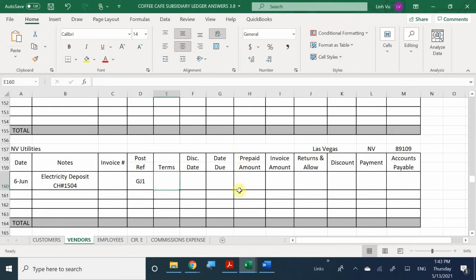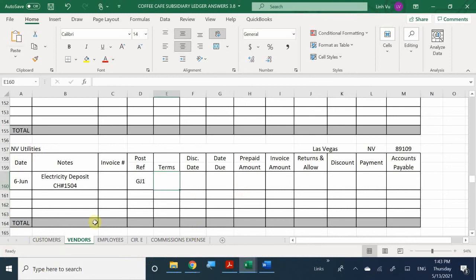Now, here's the confusing part, because we just made a simple deposit. In this case, we made a payment. Now, in order to reflect that we owe NV Utilities nothing, you have to make the assumption that even though you made a payment to them, you need to have some kind of reference point that a transaction happened, which in this case you're going to treat as if this was a bill.